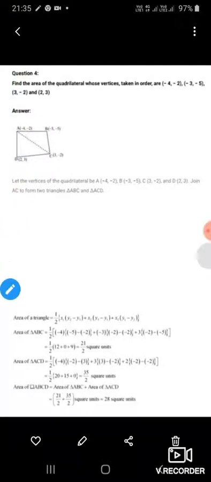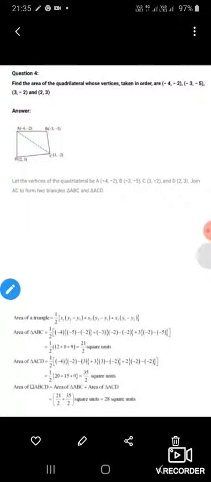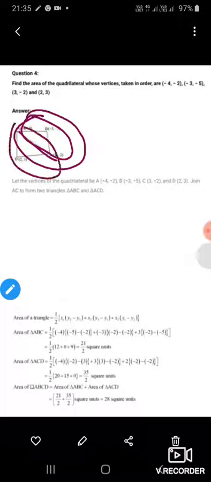Now a quadrilateral is there. We have to get the area of this quadrilateral. So class, as you remember in Heron's formula, we used to divide a triangle into two parts. Here also it is divided into two parts. First we will get the area of this part, then the area of this part. In the diagram you have to place the points accordingly.